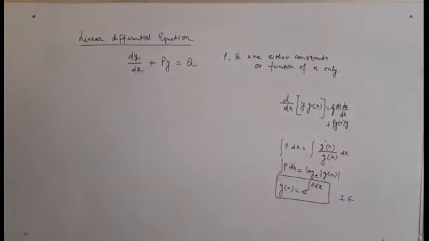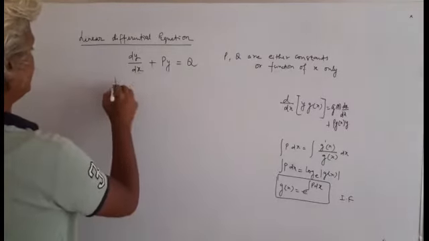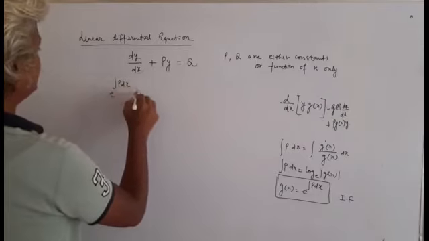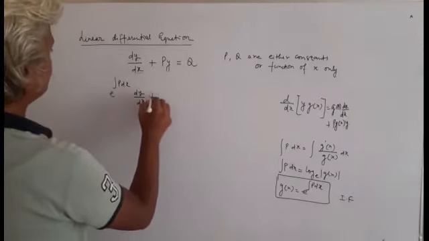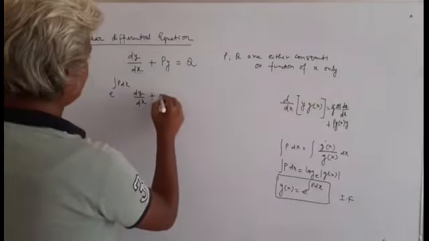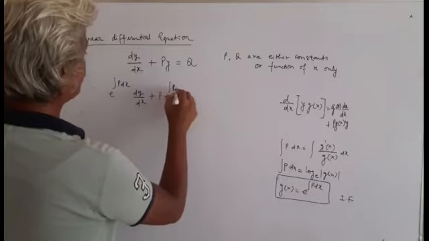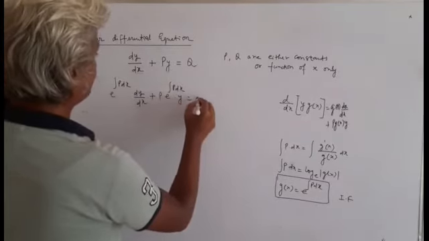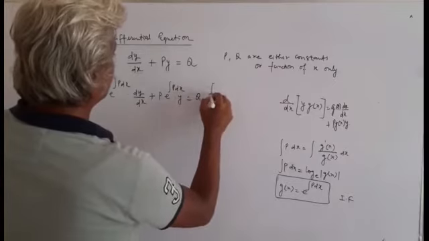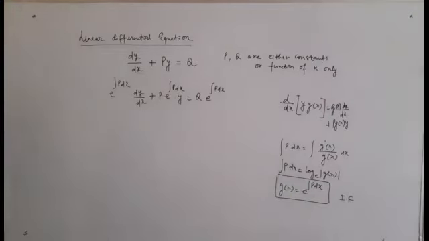If I multiply this g(x) here, I get e to the power integration of P dx into dy/dx + P e to the power integration of P dx into y = Q e to the power integration of P dx. Means we multiplied each side by g(x), and g(x) is nothing but e to the power integration of P with respect to x.